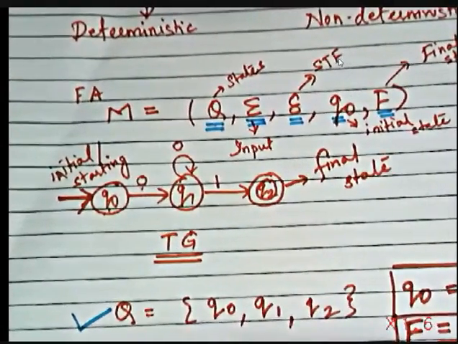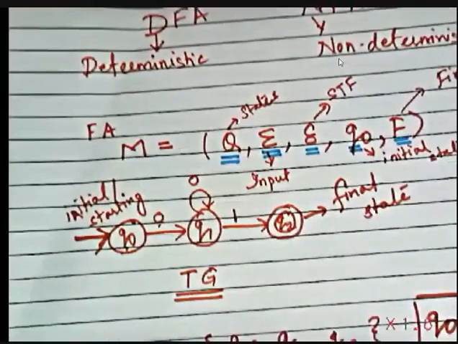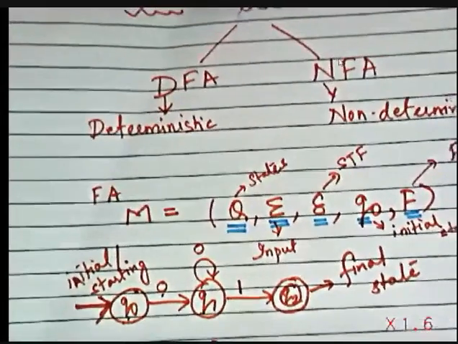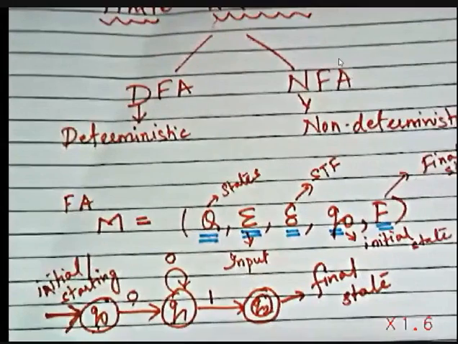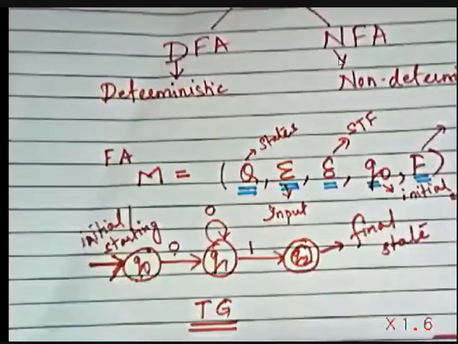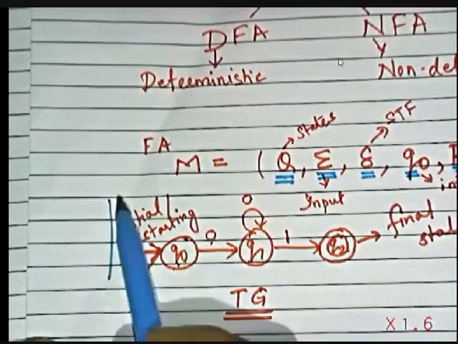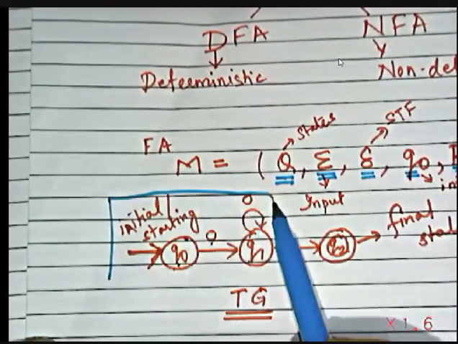Okay. So now the question was, what is the meaning of DFA and what is the meaning of NFA? What is the difference? Clearly observe this particular finite automata.